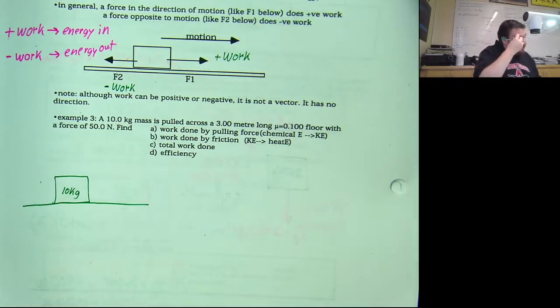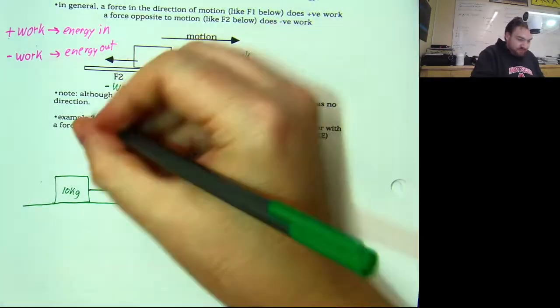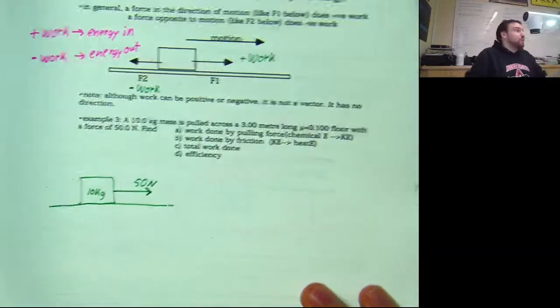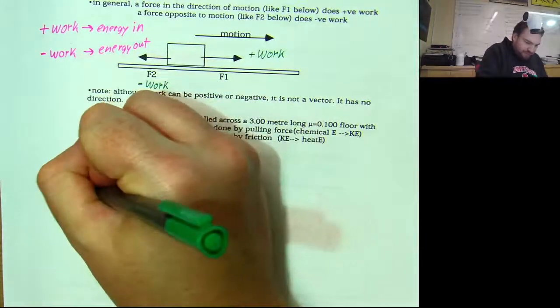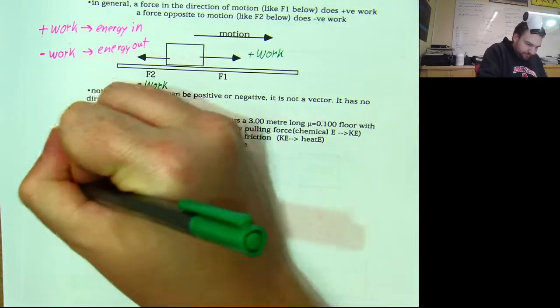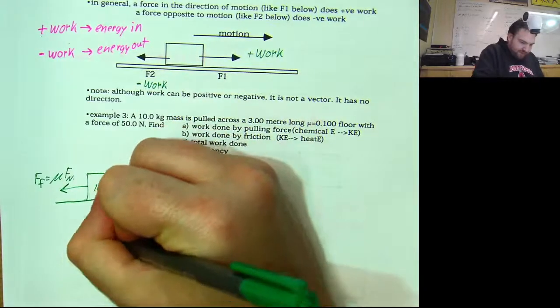What do you know? There is a force applied. Some force is applying 50 newtons. What else do we know? Also, assuming this thing's moving to the right. Yeah, Grisel? There's friction to the left. Fg is down.